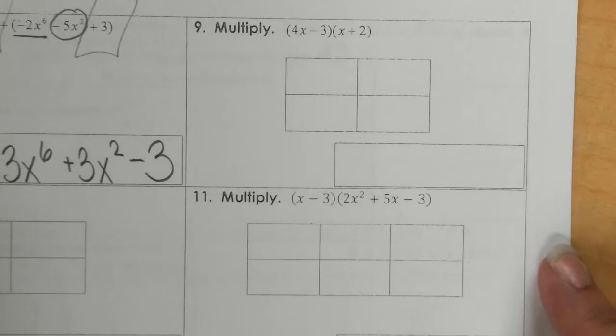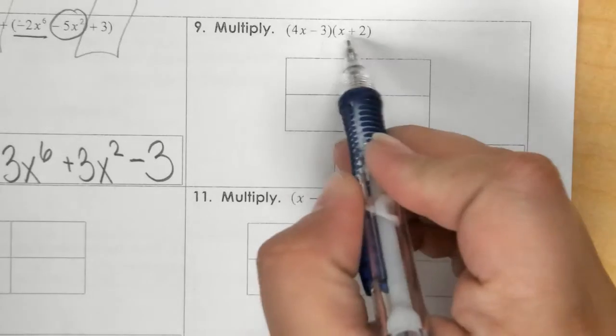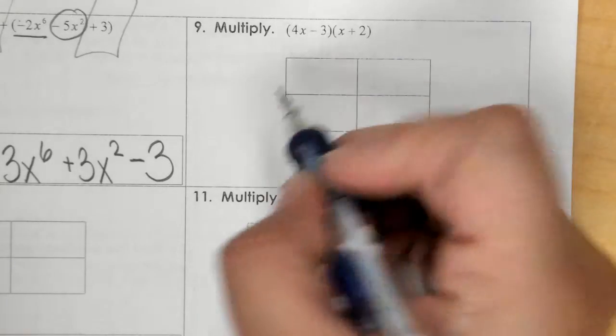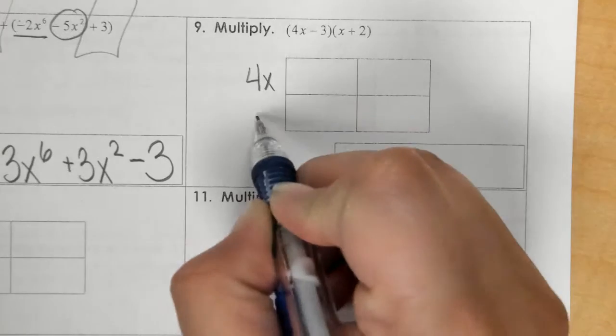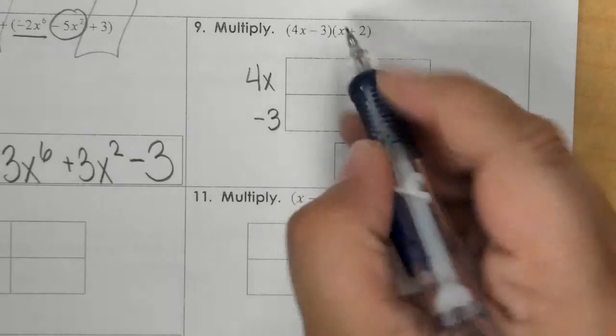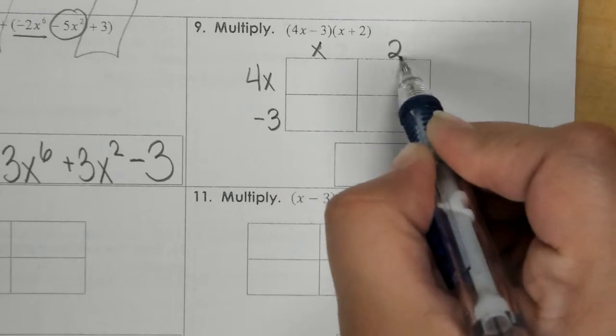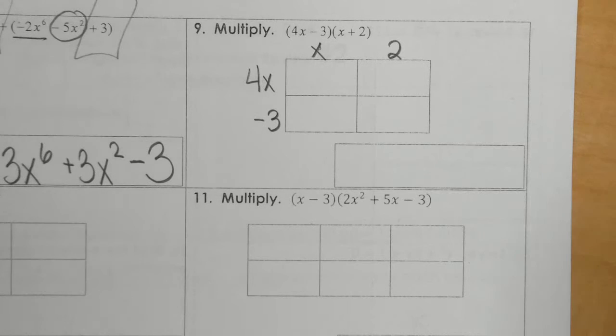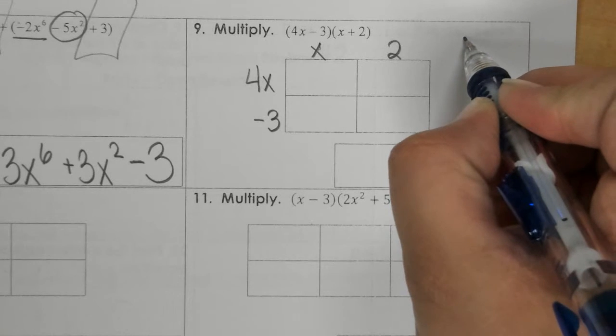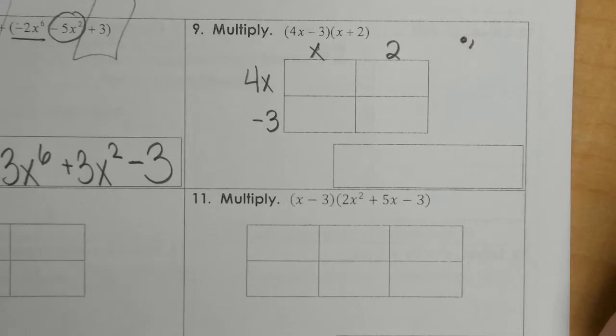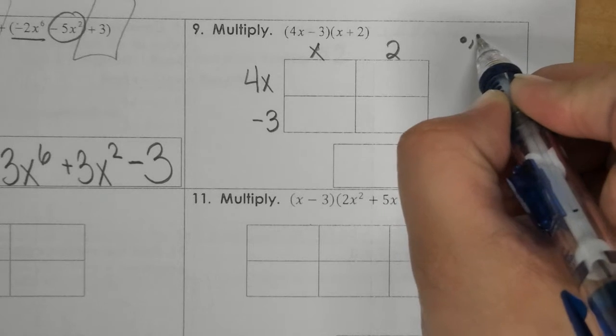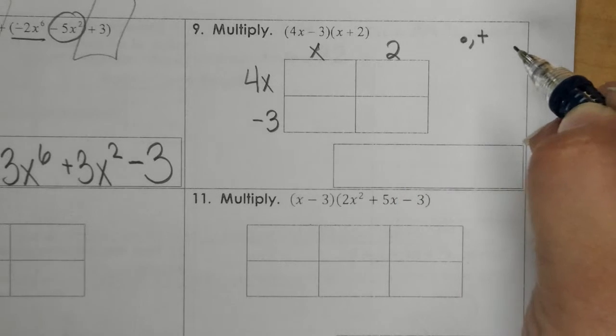In number 9, we are writing the 4x minus 3 on the side, the x and 2 at the top. And remember, you are multiplying the big numbers and you are adding the exponents.